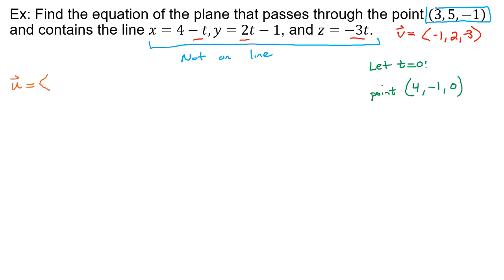I would do the 4 from the point I just found minus the 3 from the point that was given to me. And hopefully that makes sense. And then I'll do the -1 minus the 5, and then the 0 minus the -1.